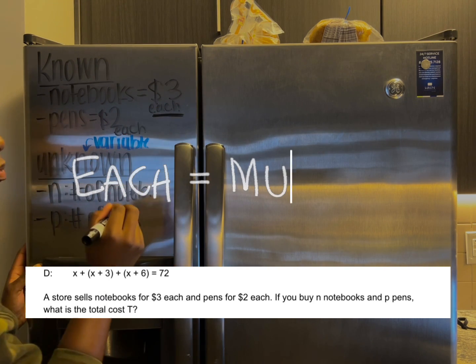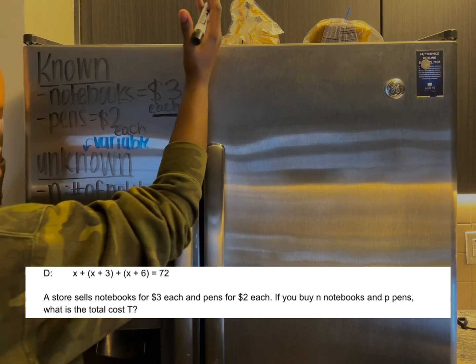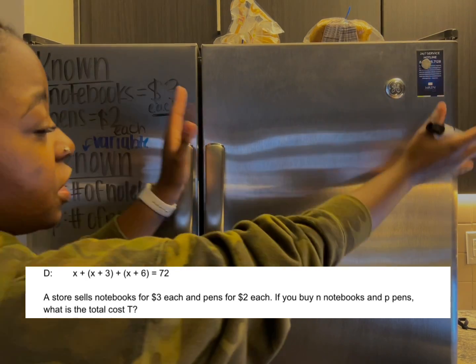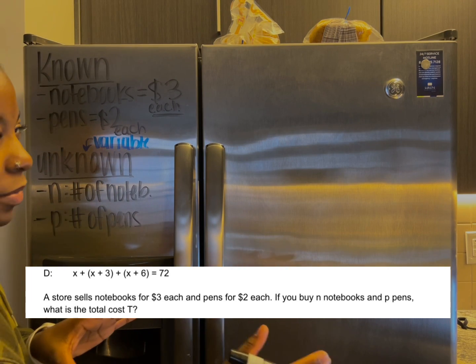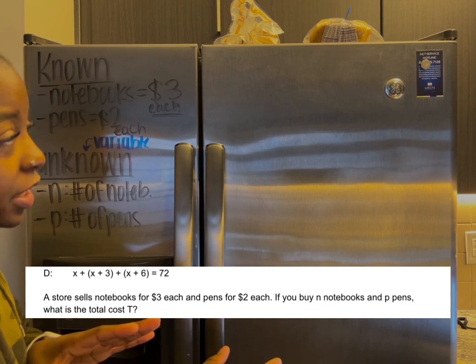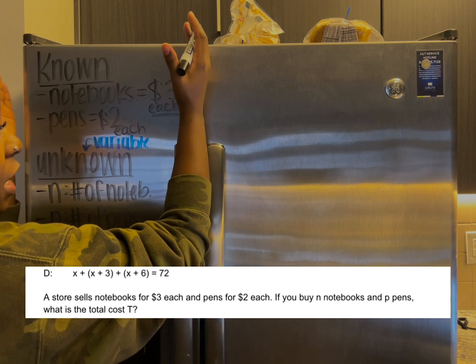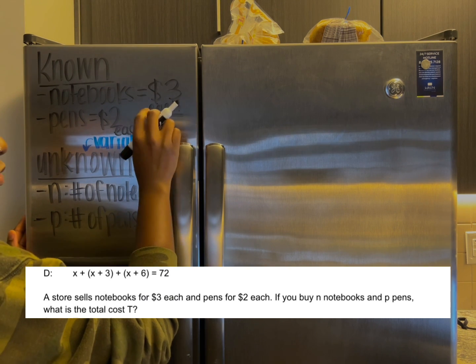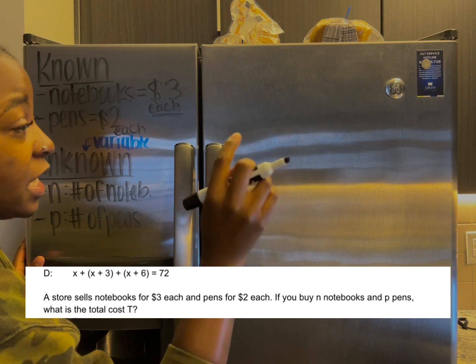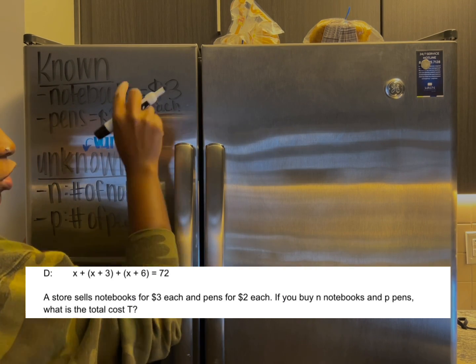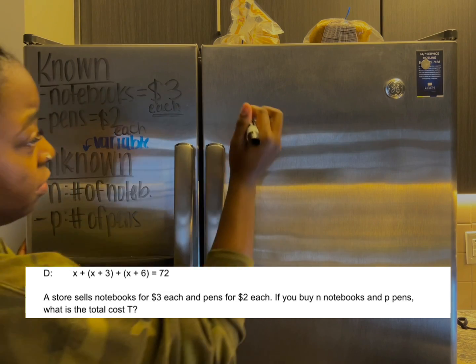Each is another multiply word. See how once we make this list, it's so much easier to move over here and make this. When you're just looking at the problem, it's a little bit jumbled together, but this helps you organize your thoughts. Each tells me to multiply. It's $3 each notebook. So 3 times N.